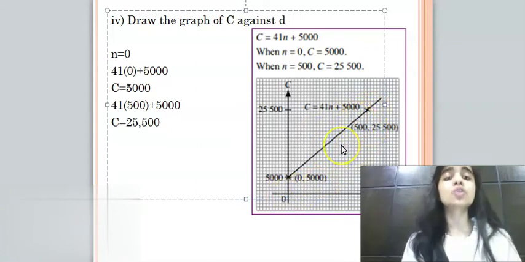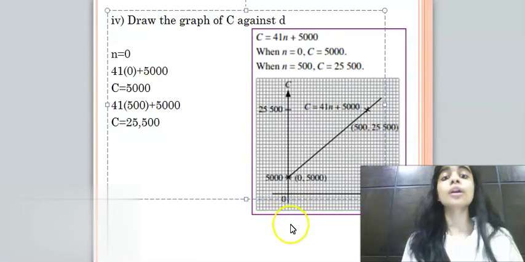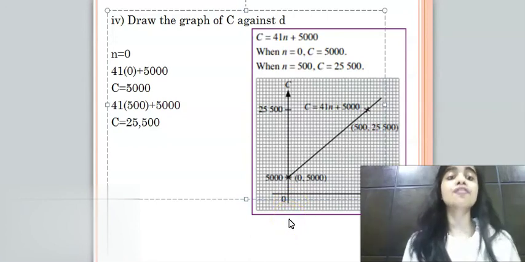Now one thing to notice is that this graph is not passing through the origin. And what did I tell you all in my last video? Yes, I told you that all quantities which are directly proportional to each other, their graph must pass through the origin. So in this case, this was not a problem of direct proportion.